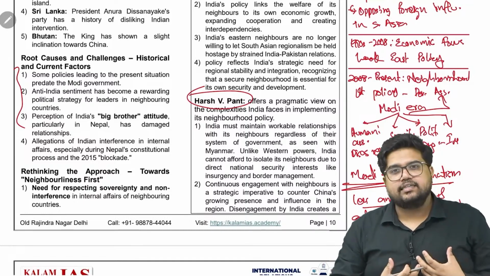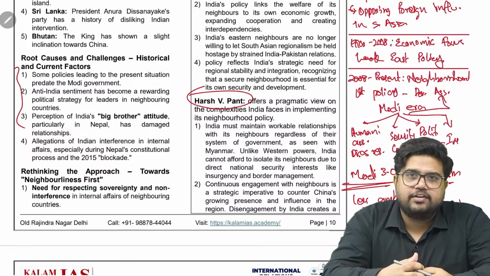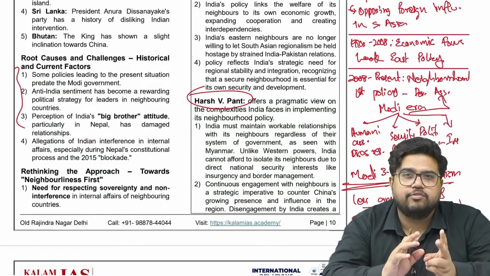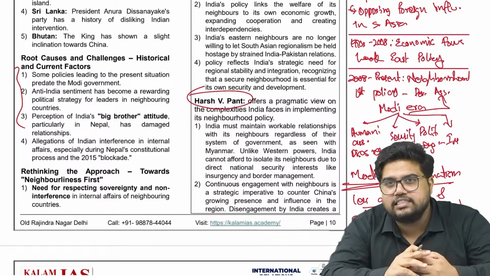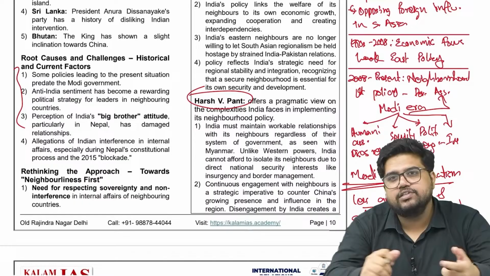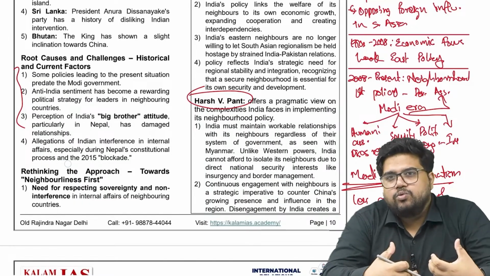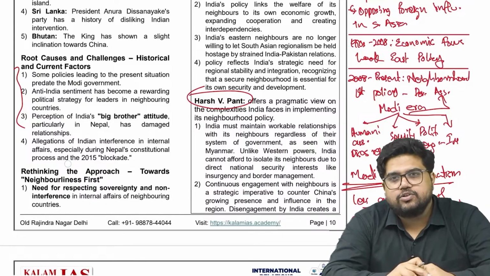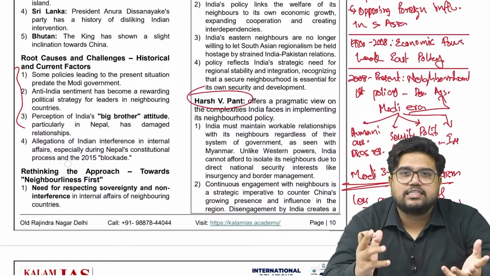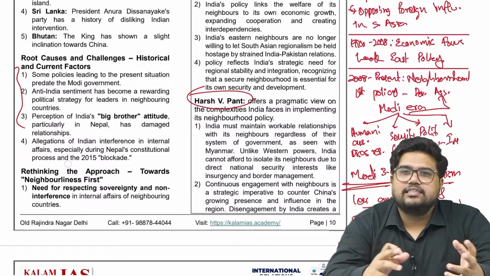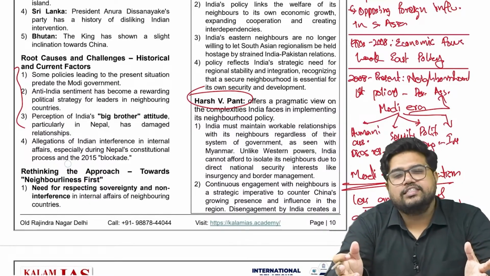How we reached here? Not because we don't have a noble vision. 2008 we have this neighborhood first policy, we have Gujarat doctrine, you can go through the keyword list, it is given there. So all this has noble, ambitious, great vision, but somehow this is not working for the interest of the region. South Asia is considered as one of the least economically integrated, and there is constant political conflicts going on in South Asia.